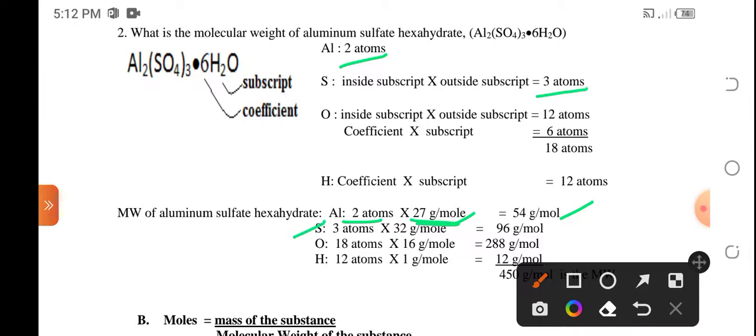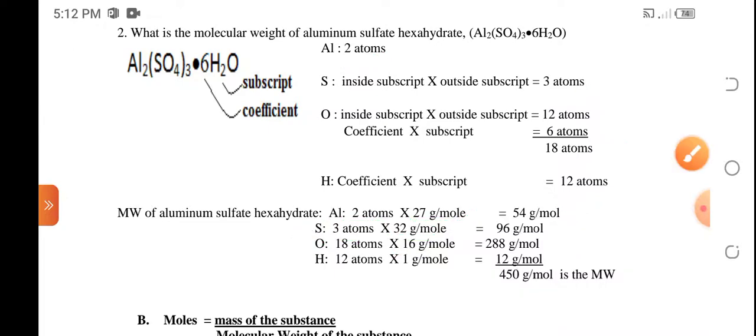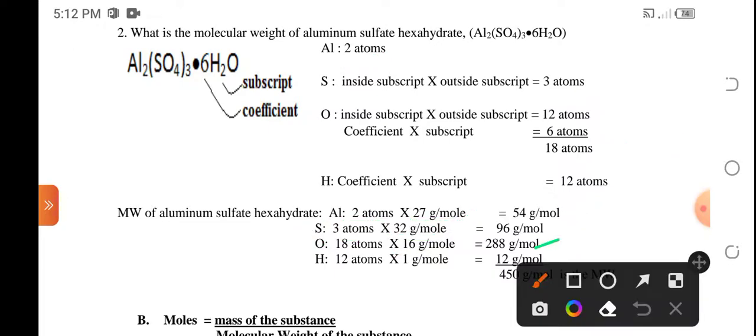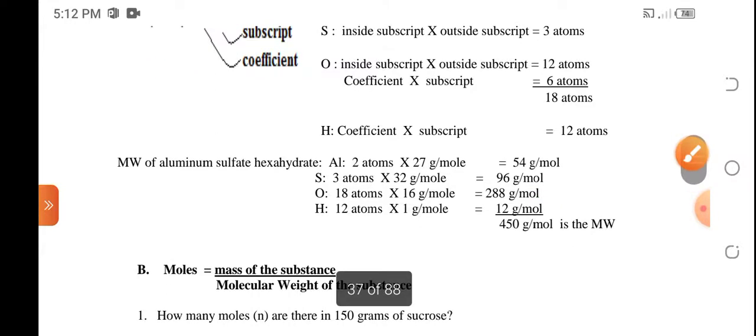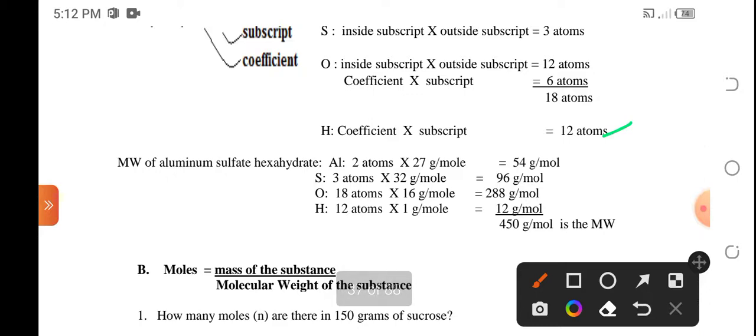Sulfur has 3 atoms multiplied by 32 from the periodic table, that's 96. Oxygen has 18 total atoms multiplied to 16 grams per mole coming from the periodic table. So the product is 288. And then for hydrogen, hydrogen has 12 atoms multiplied to 1 gram per mole, and that's 12.